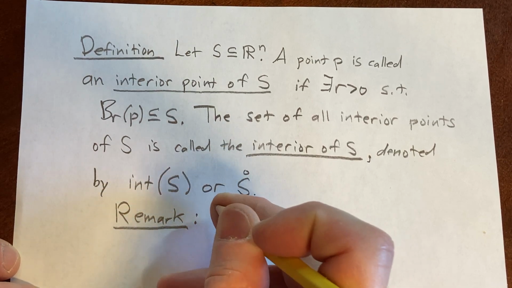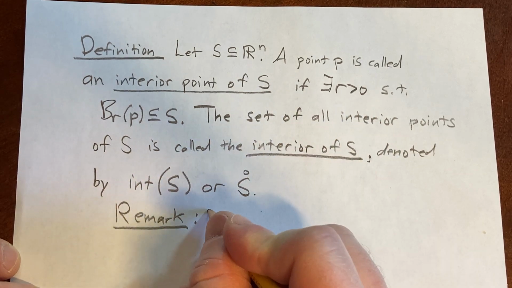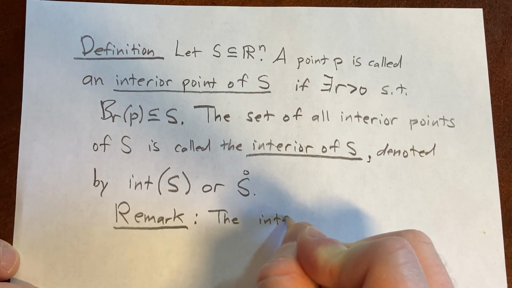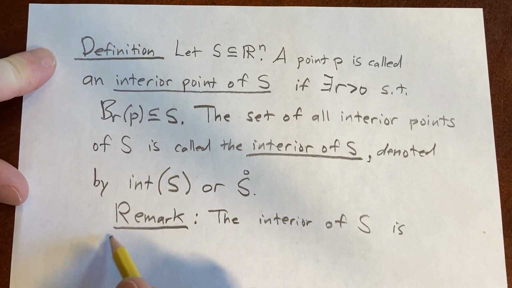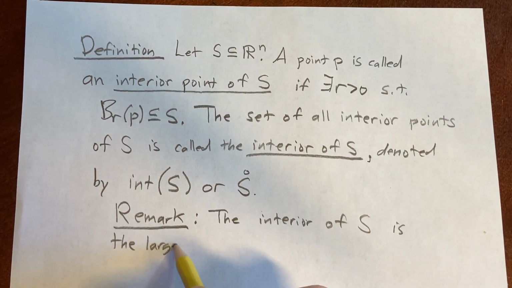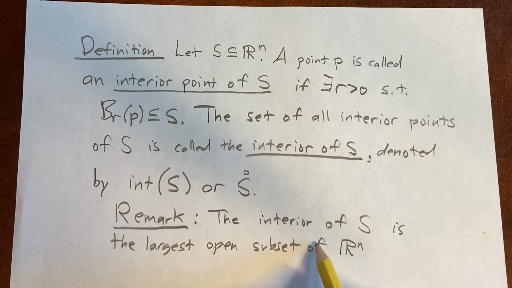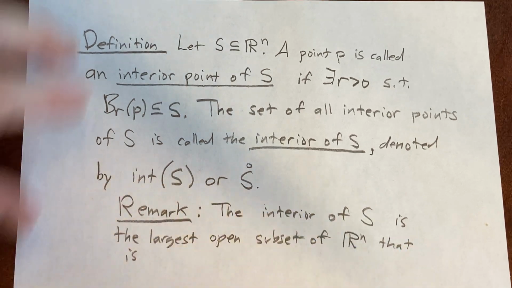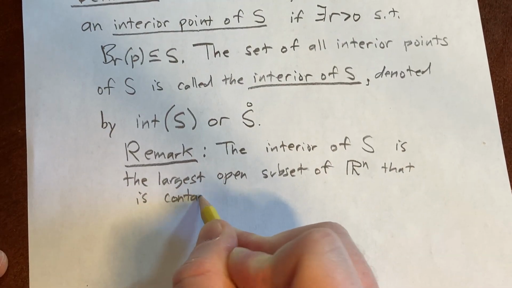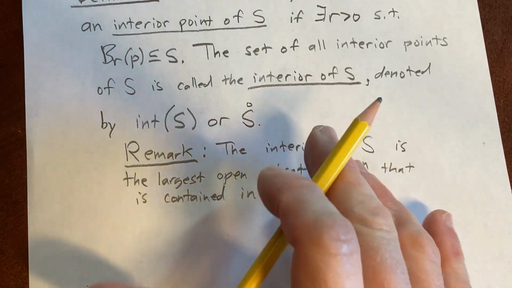The interior of S is the largest open subset of Rn that's contained in S. Okay, so it is the largest open subset of Rn that's actually contained in S.